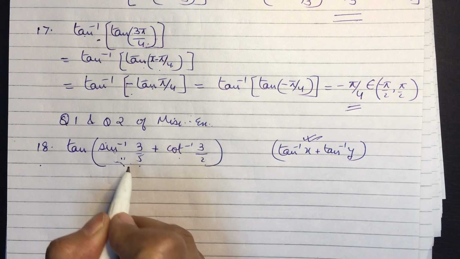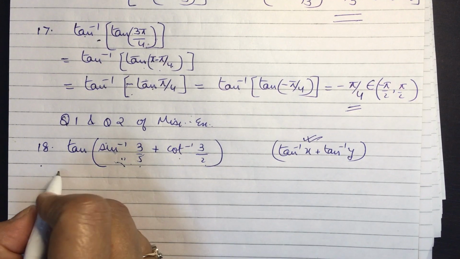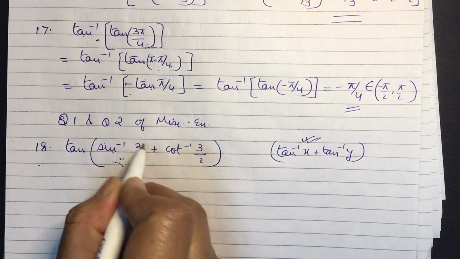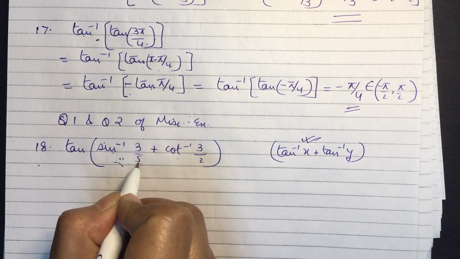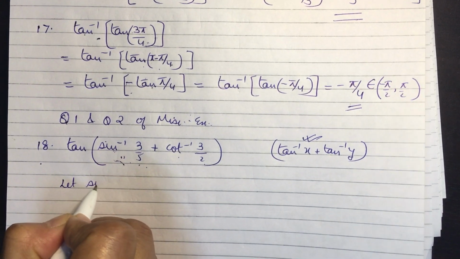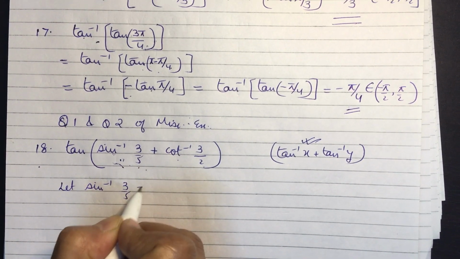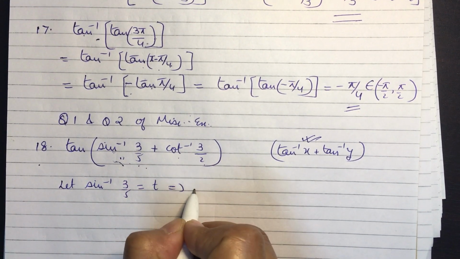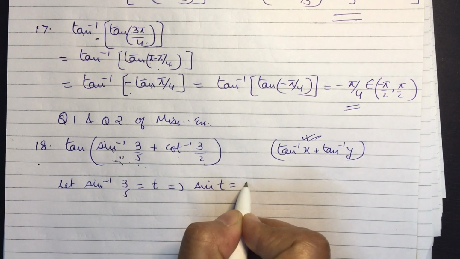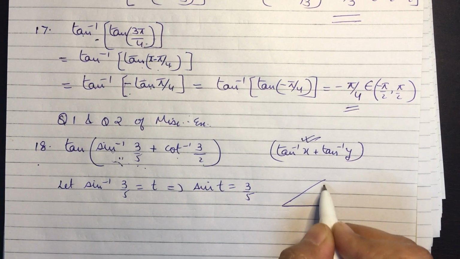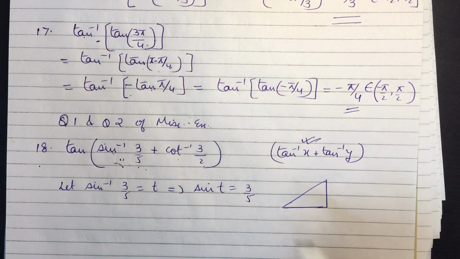So now we will solve individually. First of all, we will convert this sine inverse 3 by 5 into tan. So let sine inverse 3 by 5 equal to, let's say, t. This gives us sine t equal to 3 by 5. We will directly use the Pythagoras theorem to find this.